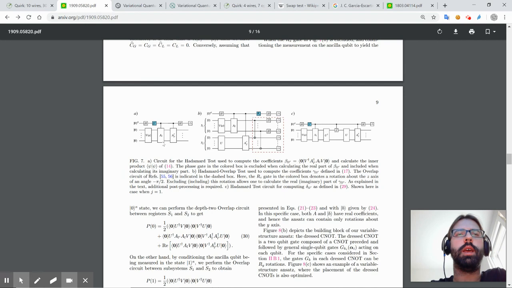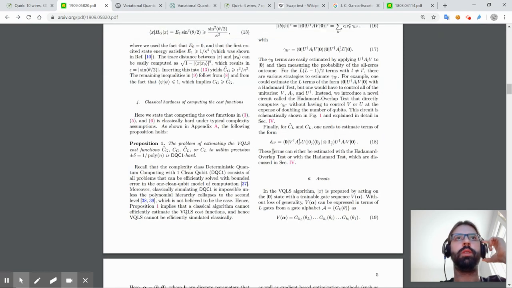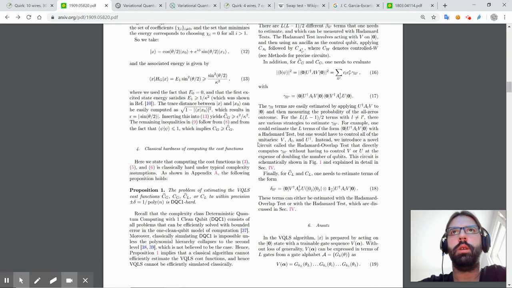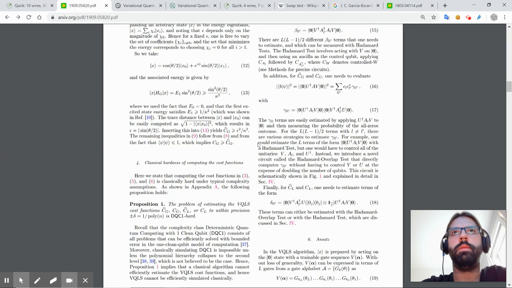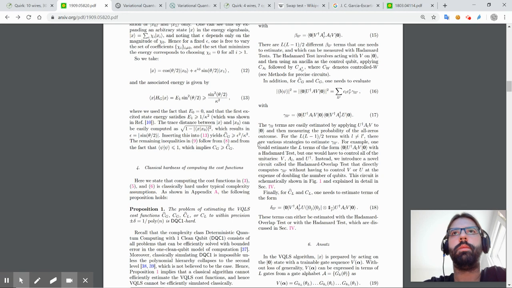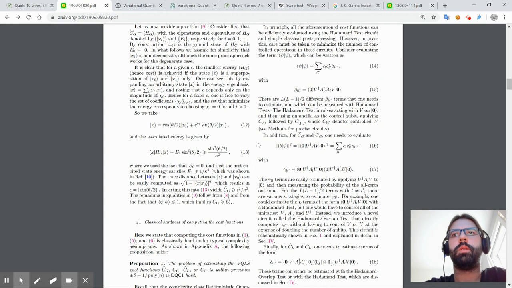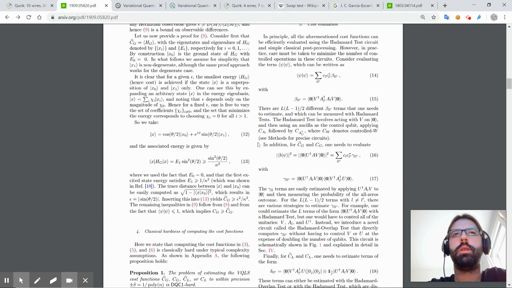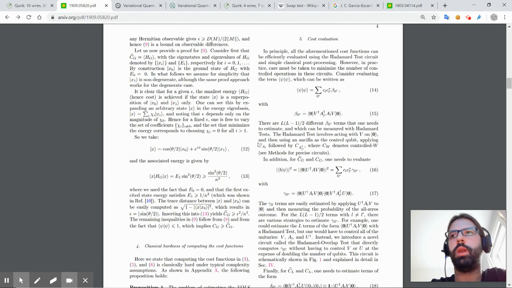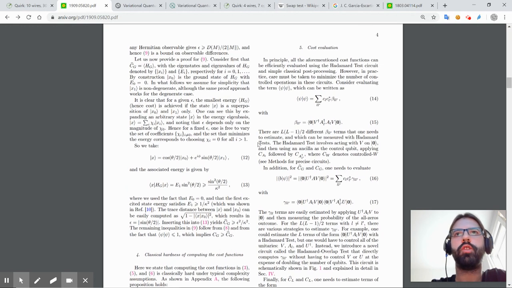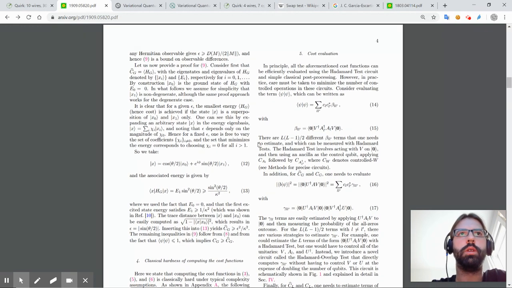I get that decomposing A into a circuit probably kills the purpose of it, but still, why is the overlap test then used? What are the equations in 17? Just to calculate these, it feels like overkill. If you're already using that, I think that should be enough for your cost function.